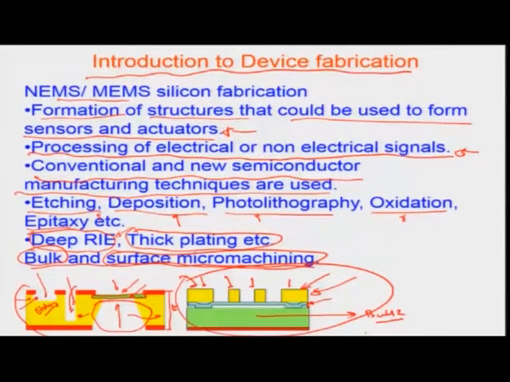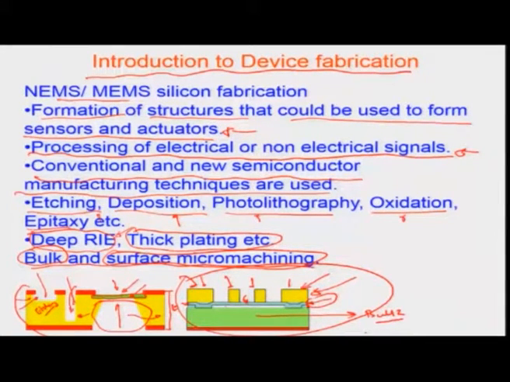Similarly, quite interesting in this particular case, probably there was some material which was here in this gap which has later been sacrificially removed. The material was earlier patterned on the surface and there was a deposition of a thin film, which is this hatched area right here, and later this material was removed through chemical etching, so that you have this gap created, which is like a small embedded chamber that can now be used to carry fluids, etc. This deposited material is a polycrystalline silicon material which is higher in mechanical strength.